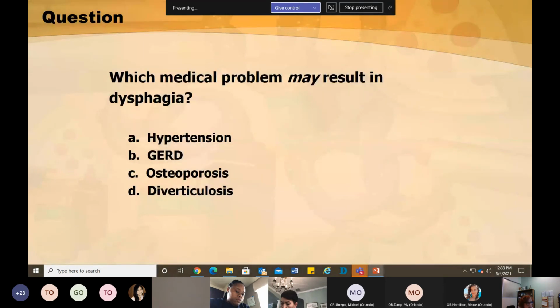So which medical problem may result in dysphagia? Parkinson's. Which medical problem? Is it hypertension, GERD, osteoporosis, or diverticulosis? And somebody actually said it earlier.